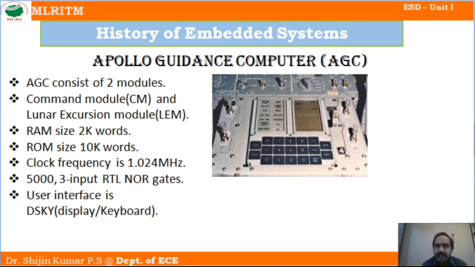We can imagine how small it is, because compared with current systems, even our smartphones have 6 GB, 8 GB, 12 GB of memory. The storage is also increased, 128 GB, 256 GB in our handheld devices. Now the memory capacity has increased, but at that time, for that particular application, this much memory was sufficient.